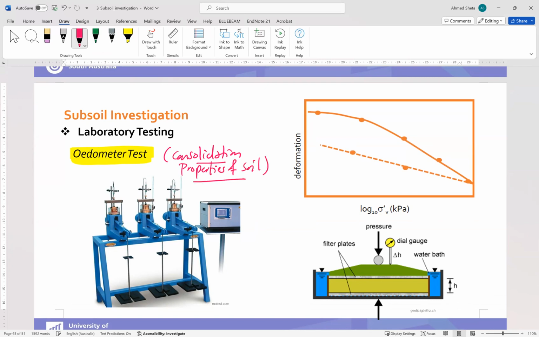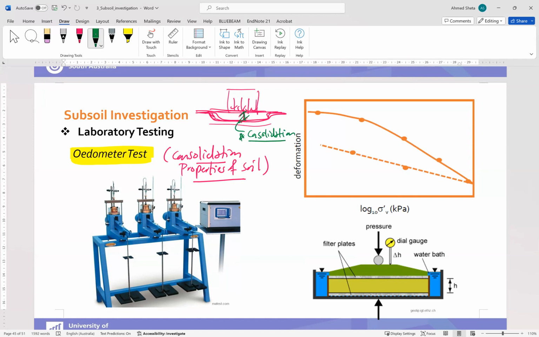As you know, if we have a soil layer and we have a house or something with very high load, the soil may settle underneath the load. This is called consolidation. So we need to know how much consolidation is expected for the type of soil. And this test can be done in the lab.